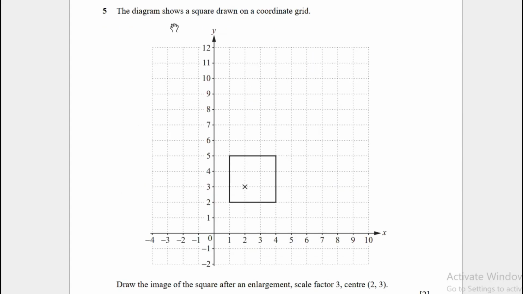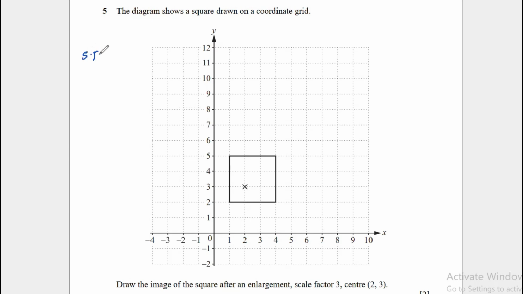Next, question number 5, and in this question the diagram shows a square on a coordinate grid. As you can see, draw an image of the square after an enlargement of scale factor 3.